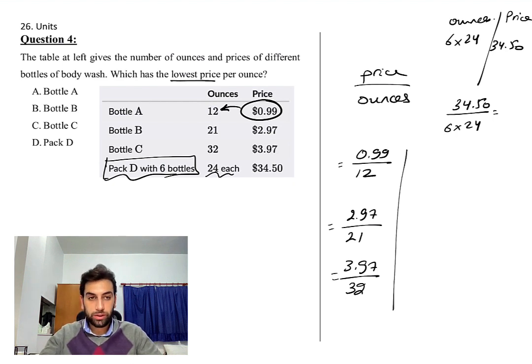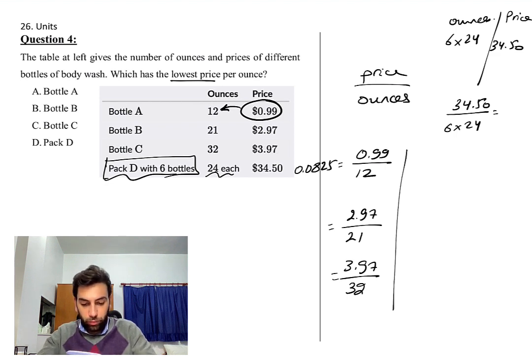Accordingly, 0.99 divided by 12, that's equal to 0.08825. Let me write that. And next we have 2.97 divided by 21. This is equal to 0.1414. 3.97 divided by 32.